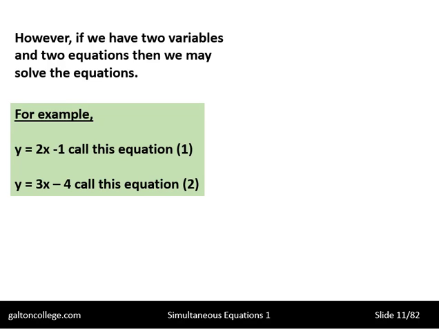Make sure that the equations are distinct. Make sure the equations are different. They're not just like, take the first one, y equals 2x minus 1, and the second equation is 2y equals 4x minus 2, because that's the same equation, just written differently. We just multiplied the first one by 2.